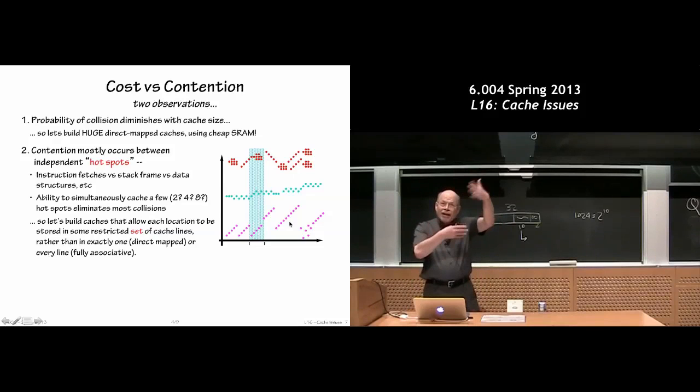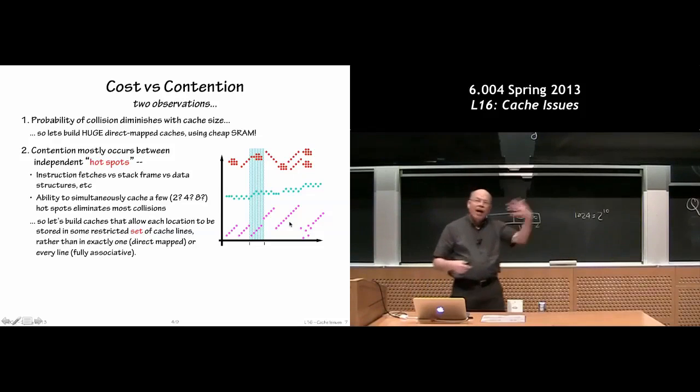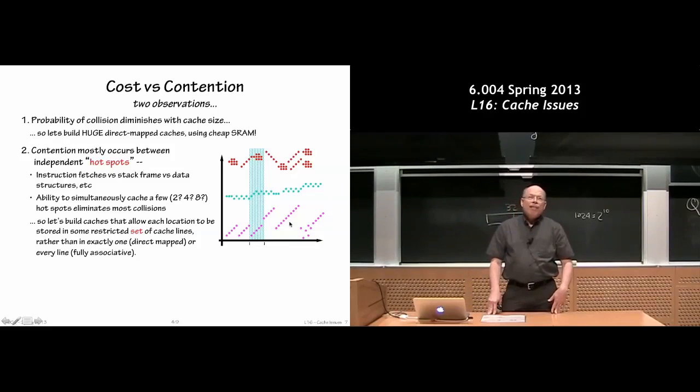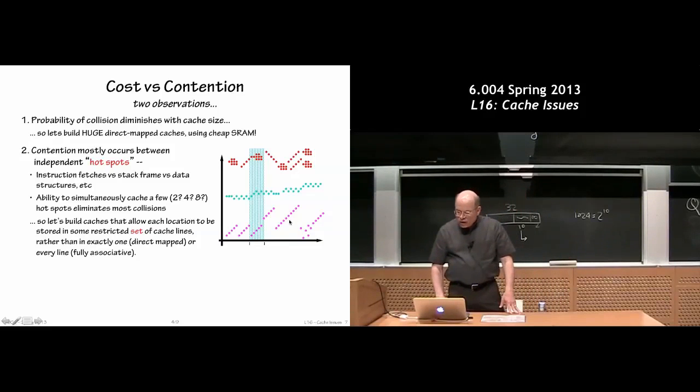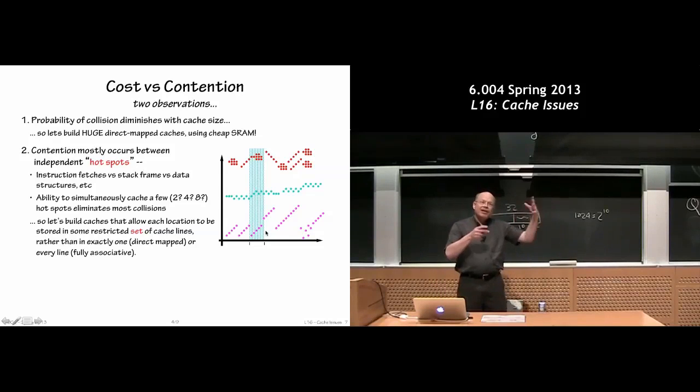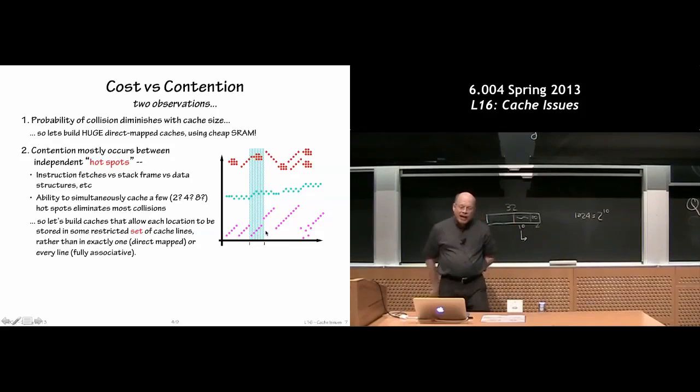They'll be accessing the hotspots a lot: a lot of accesses to the stack frame, a lot of accesses to the instruction in the loop. And if each one of these can be located at a different place in memory, they have the possibility of colliding. But there's only, in a sense, 5 or 6 collision possibilities that we have to deal with here, right? Because we have to worry about the data colliding with the stack, colliding with the program. But there's a certain locality and coherency to each of those separate address regions. And so what we're going to do is design our cache to take advantage of this small number of hotspots.